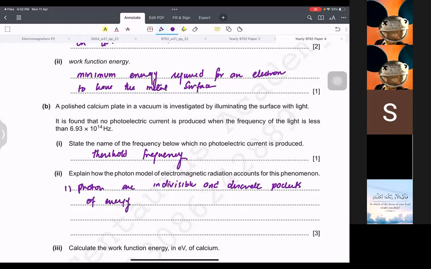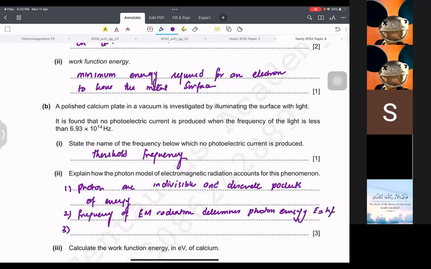Write it in 3 marks. So the frequency of EM radiation determines photon energy. How do you know this? By E equals hf.